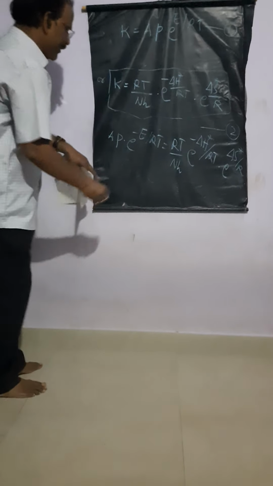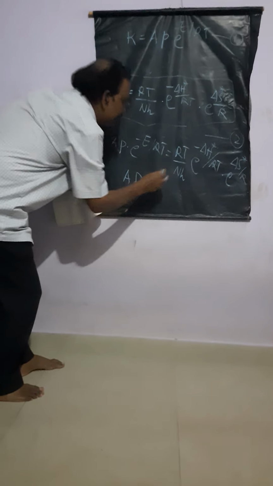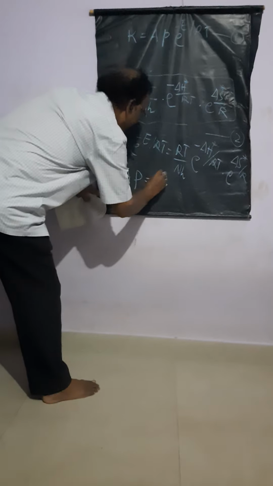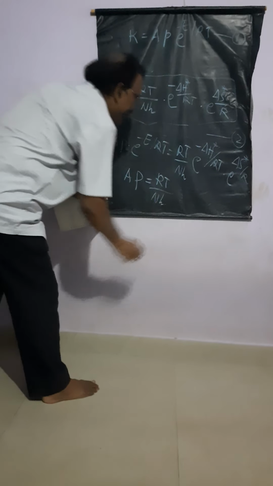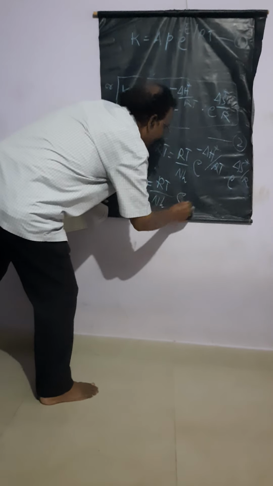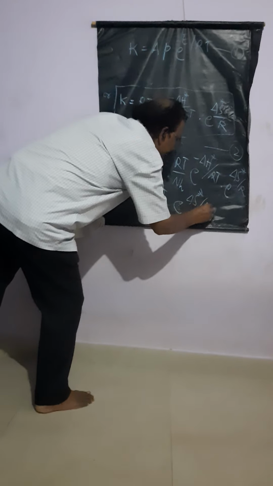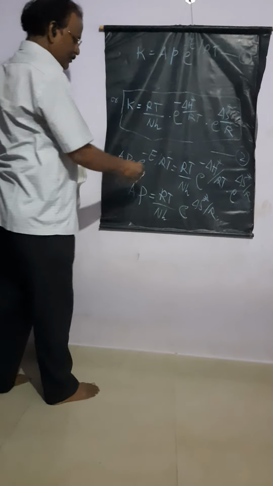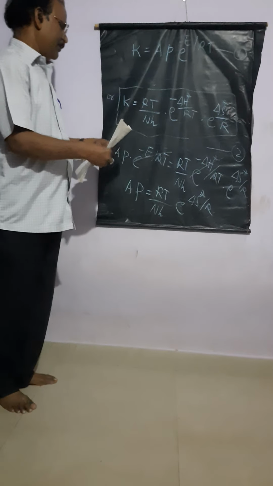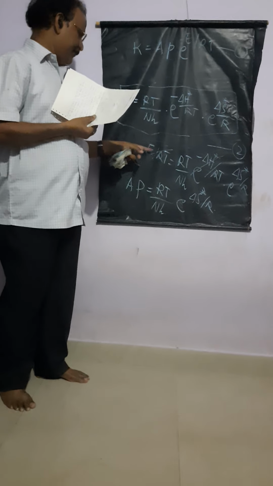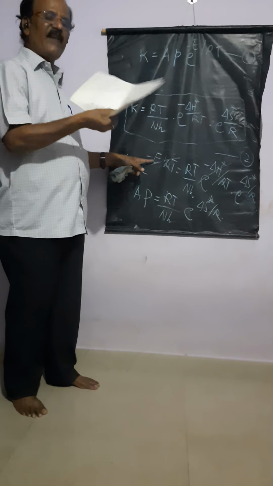Therefore we get A into P is equal to RT divided by Nh into e to the power of delta S star divided by R, because these two cancel. In the collision theory, the energy you are taking into account is the kinetic energy of the molecule.